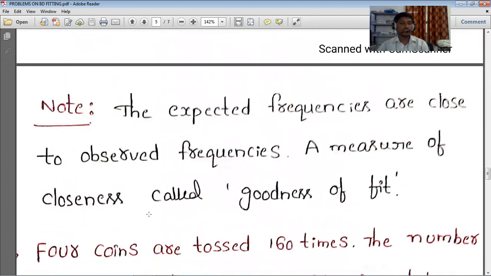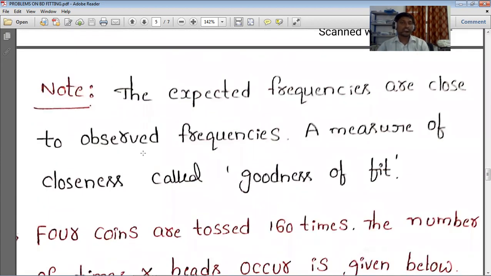If the expected frequencies are close to the observed frequencies, this measure of closeness is called goodness of fit. If the expected frequencies are nearer to the observed frequencies, it means the result is actual.